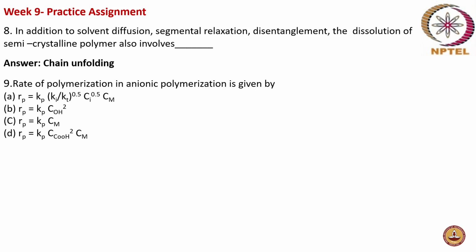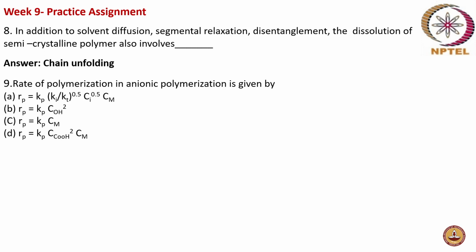Option A, ma'am. Is it option A? Yes, ma'am. Both of you agree? No, ma'am, option C. Both of you should justify. Option A is for free radical polymerization.